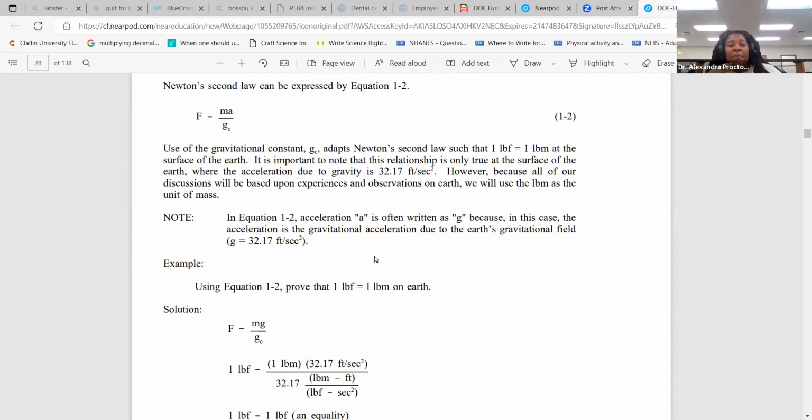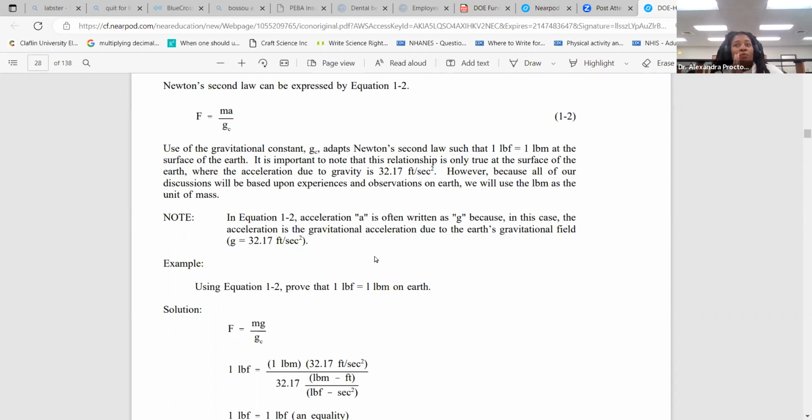So when we're talking about weight, a is often written as g. In this case, acceleration is gravitational acceleration due to the Earth's gravitational field. So in other problems, they may give you all these different values for acceleration.